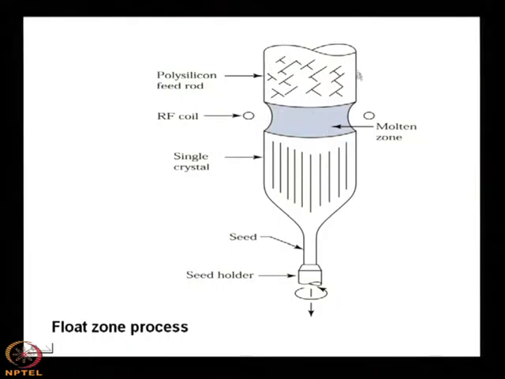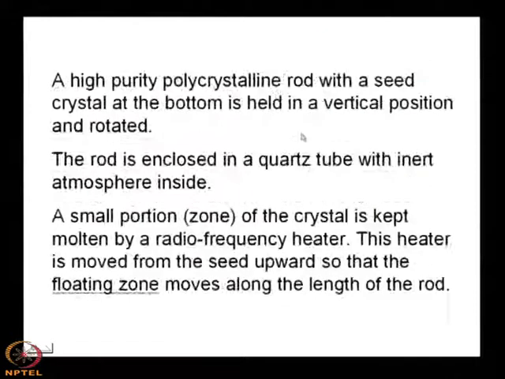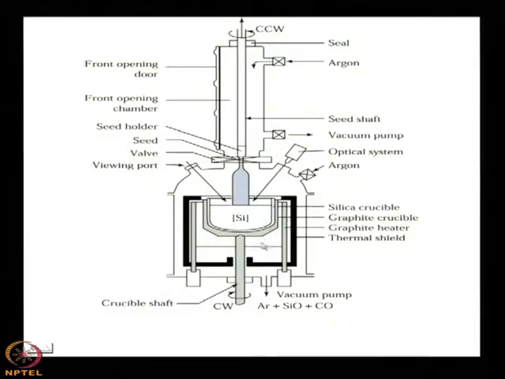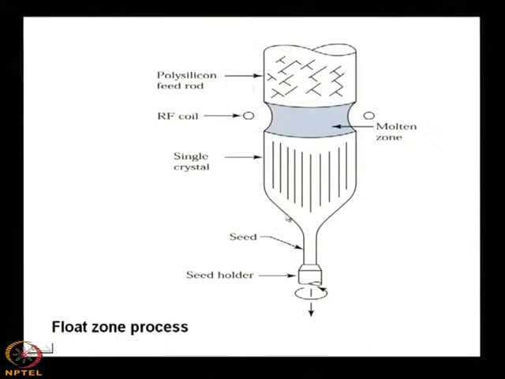Here you see that there is no crucible, and in Czochralski you will find that there is a crucible. In Czochralski the pull is taken from the upward direction, here it is in the bottom direction that the crystal growth takes place.